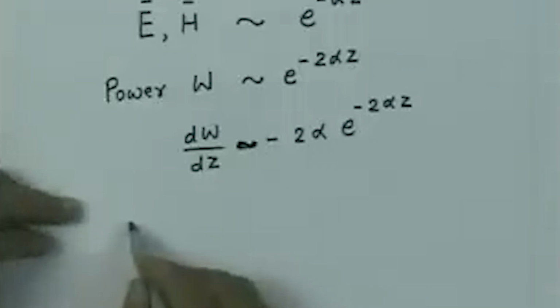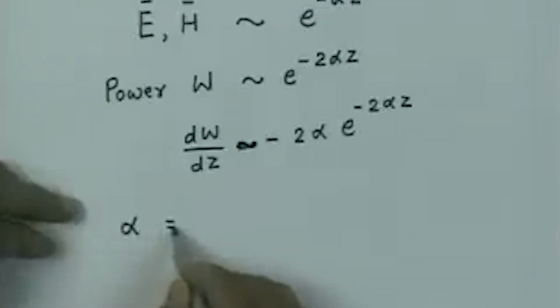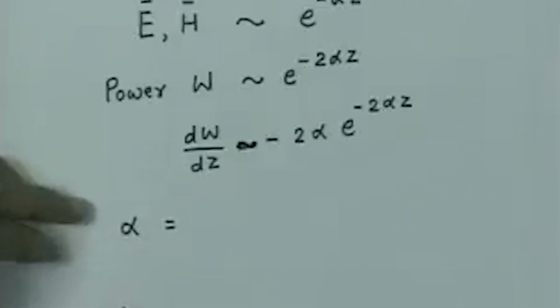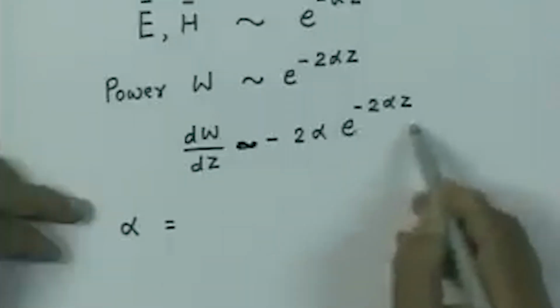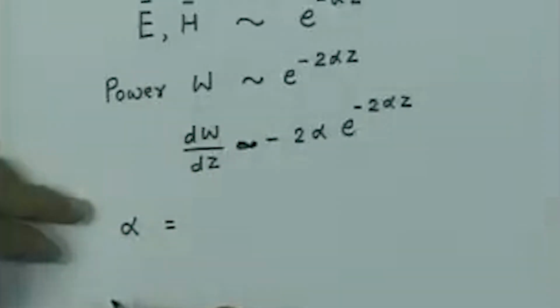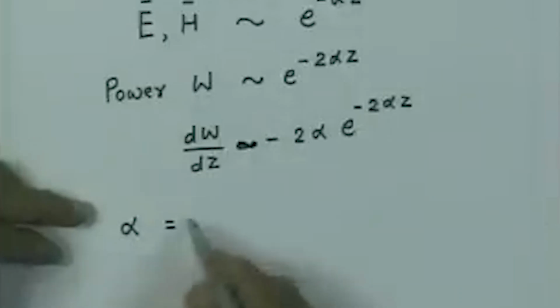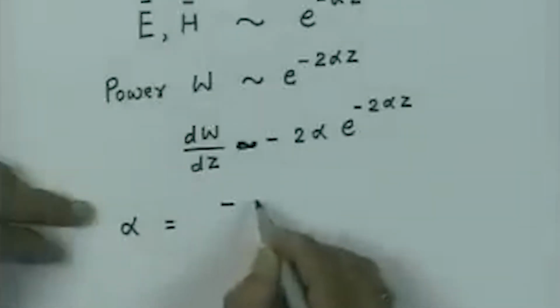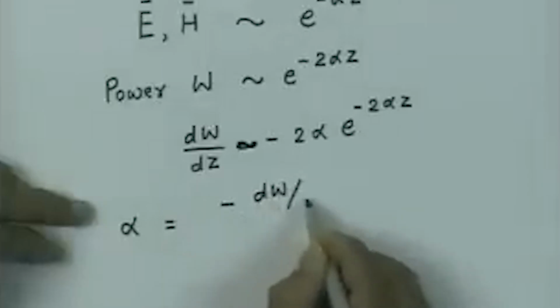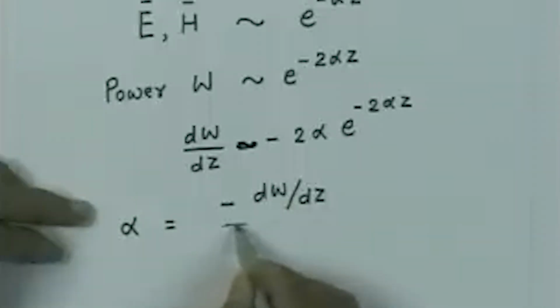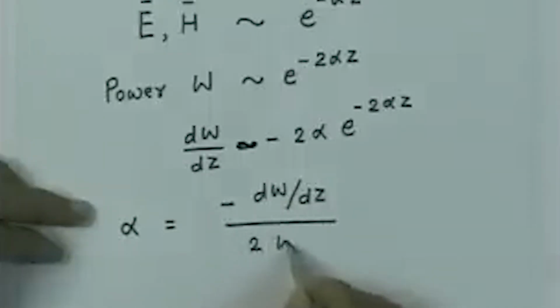So, the attenuation constant alpha in general, if we calculate, that will be this quantity e to the power minus 2 alpha Z, that is W. So, you will see from here I can write it as dW by dZ upon 2 times W.